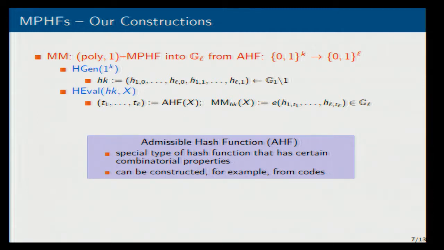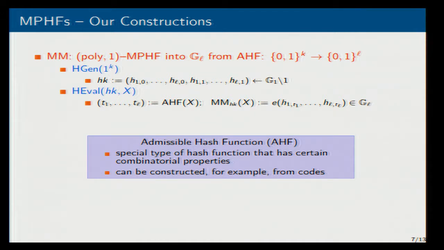The output of our MPHF is going to be the multilinear map computation of L of those elements. And in order to choose these L elements, this is going to depend on the output of the admissible hash function on input X. This is actually what will enable us to achieve adaptive security in our proofs.